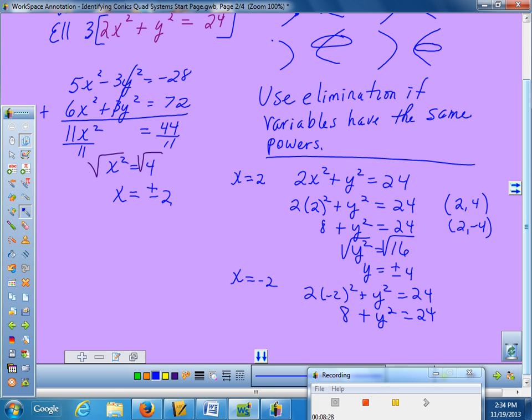A lot of times these will work out exactly the same. If you see it's going to become the exact same thing twice, you can quit. So what coordinates do I have out of this one? In reality, this hyperbola and ellipse intersected in 4 places.